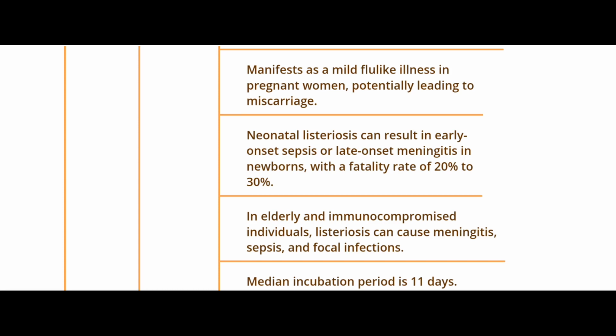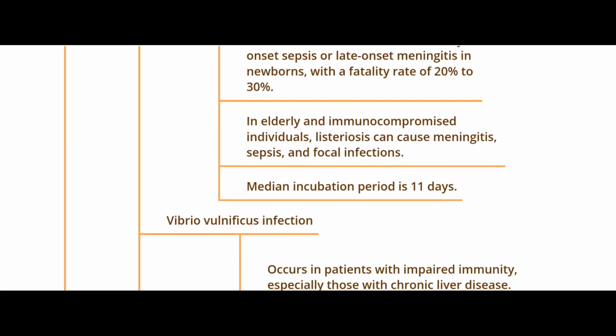Elderly and immunocompromised individuals can have meningitis caused by listeriosis and focal infections and sepsis. That's why it is in the diagnostic panel of any systemic illness in the old population. The incubation period is around 11 days.